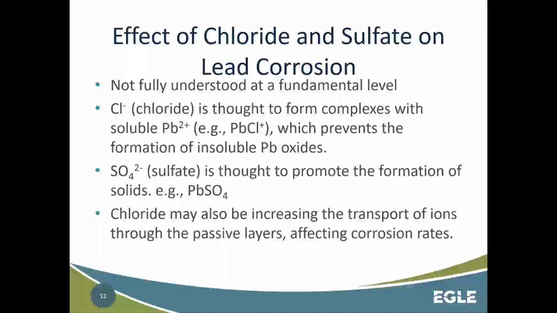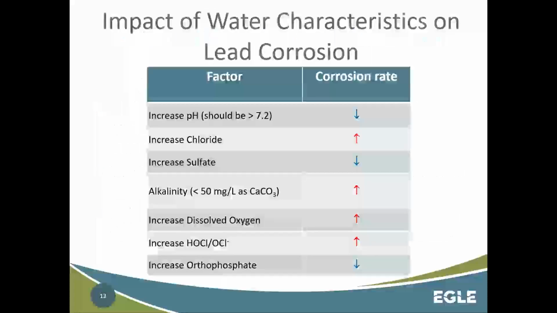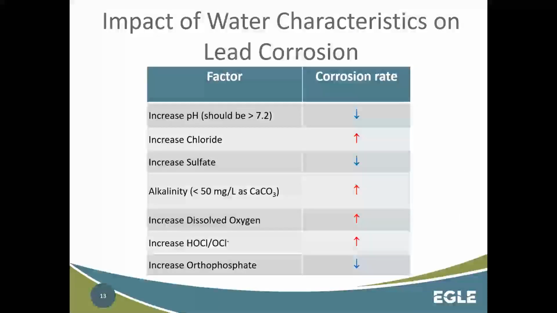Okay, well, again, we'll talk about passivation layers in a little bit, but that concept of chlorides can be affecting those corrosion rates. Okay, and we'll talk about CSMR, which is your chloride sulfate mass ratio, in a little while. So, impact of water characteristics on lead corrosion.